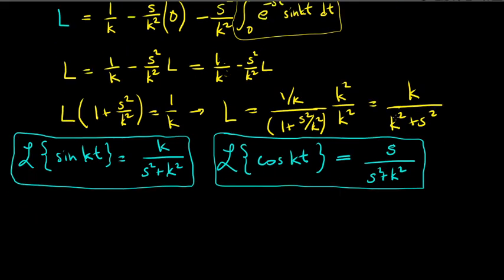I don't know if I gave you this one for homework, but I think it's in the book. It's the Laplace transform of, say, t times cosine t, which I think is nightmarishly difficult and tedious. So I would not recommend going through that unless you really want to, because there are tricks.